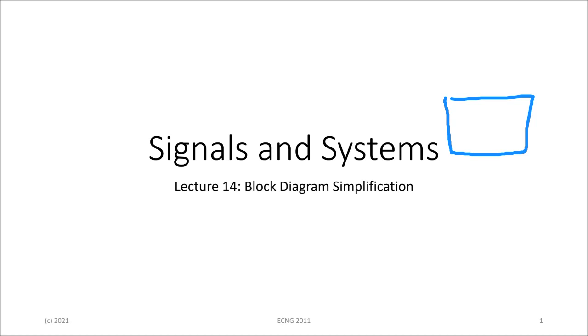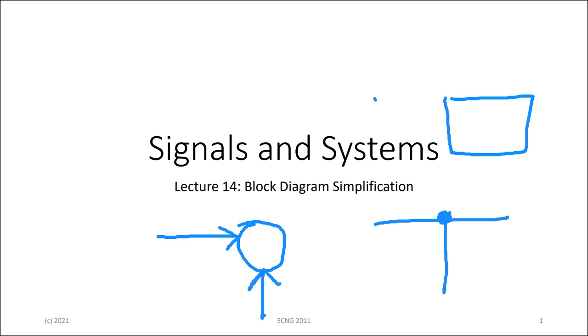Then they have junctions, which you will see like that, where two lines intersect and there's a dot. And then they have summing junctions. There may be more than one input, and there are signs coming in to the summing junctions. So plenty of things you have to remember.